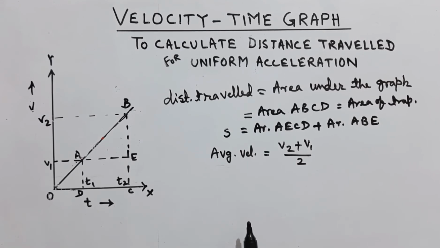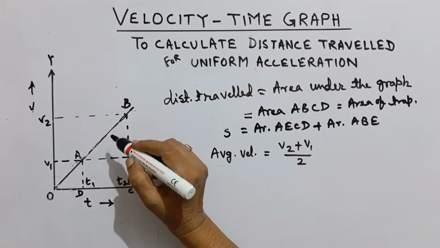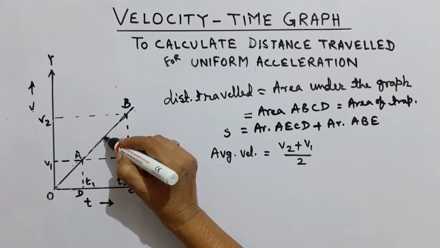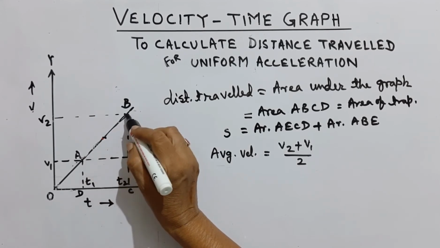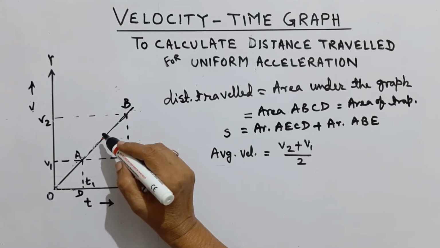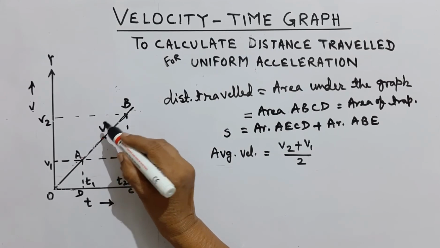And by definition, average velocity is that velocity which makes the object travel the same distance in the same time interval as is travelled by a variable velocity from v1 to v2. So the average velocity will be in the middle of this line segment AB. Let us suppose this is the point which represents the average velocity v.